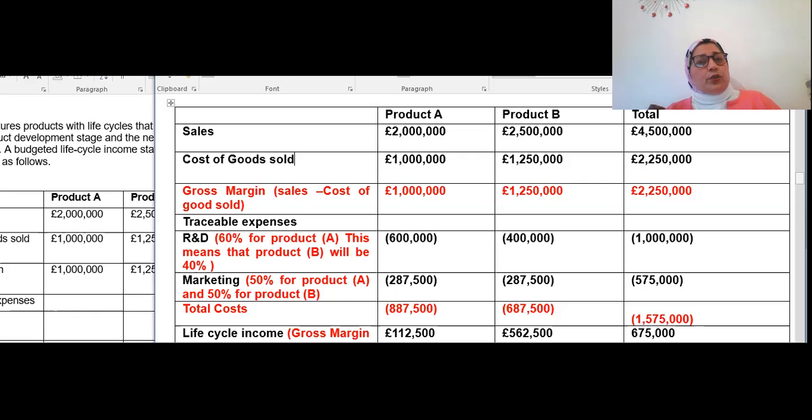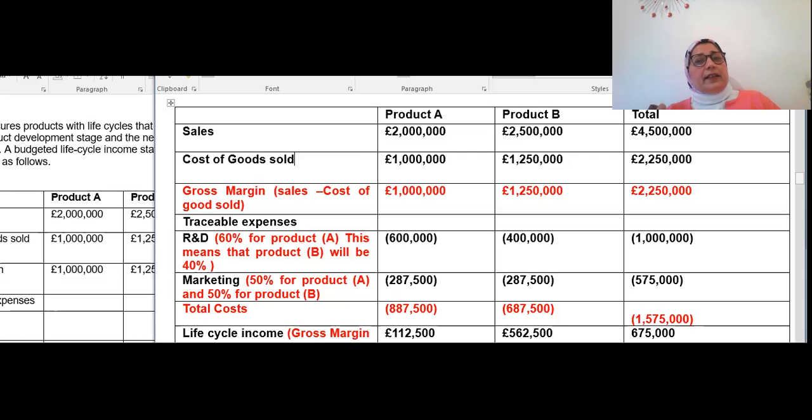Okay, so I will start from the beginning. I will start reading what's behind from the beginning. I would say here, product B achieved more sales, right?